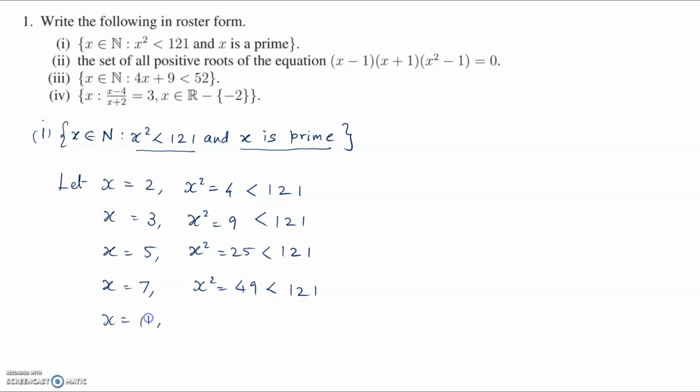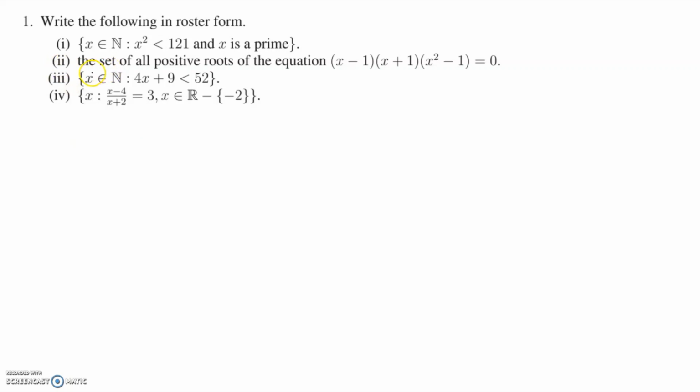Then x is equal to 11 is the next prime number, and x squared will be equal to 121. But 121 is not less than 121. Therefore, your solution will be 2, 3, 5, and 7. Therefore, the solution is 2, 3, 5, and 7.